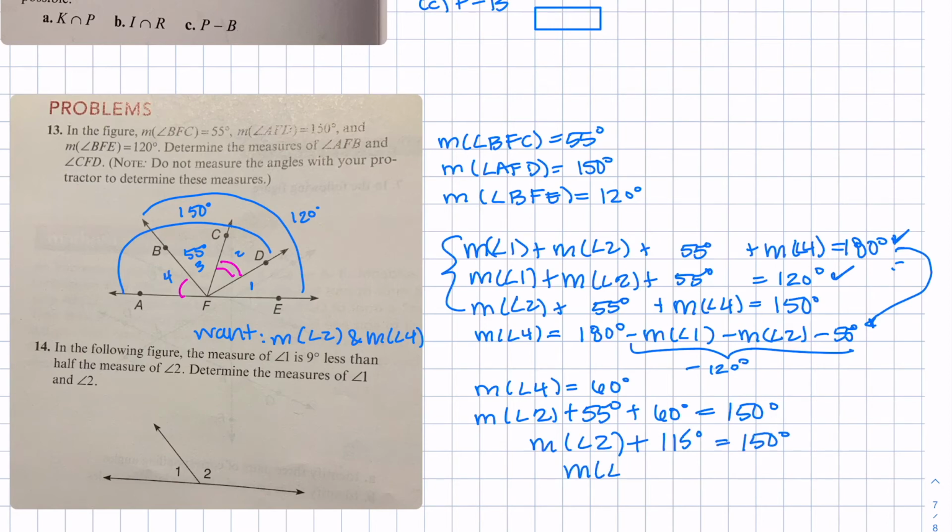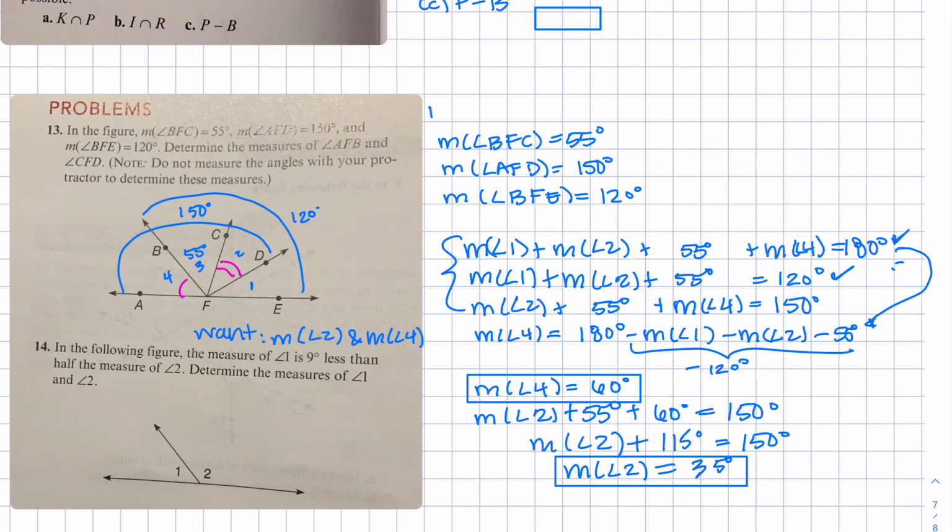And so the measure of angle 2 is equal to 150 minus 115. And I think that's 35 degrees. Okay, and those were the two that we were looking for, the measure of angle 4 and the measure of angle 2. Great.